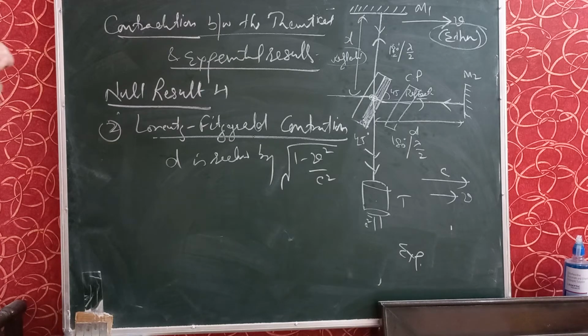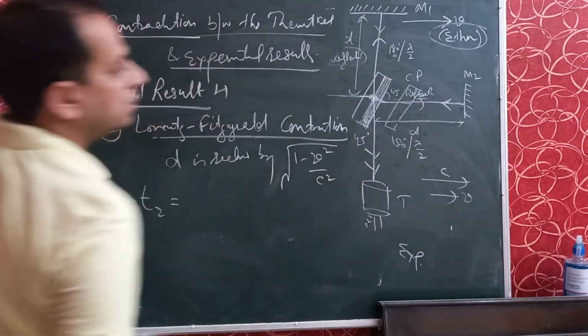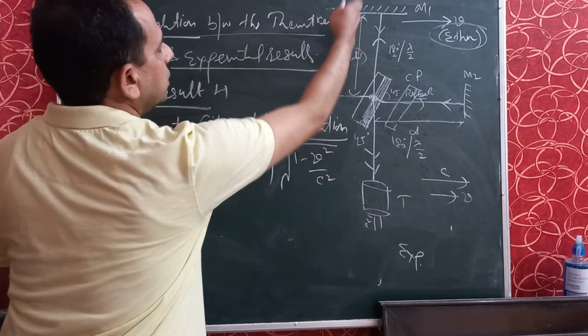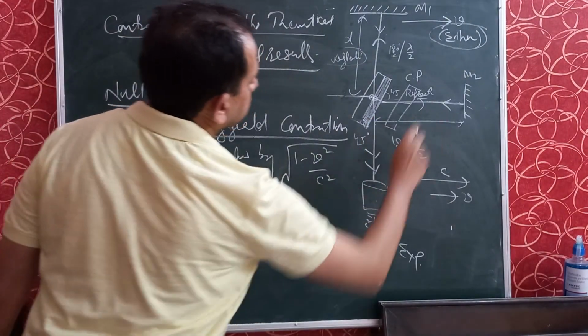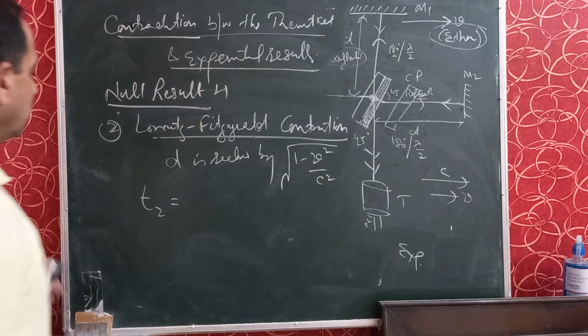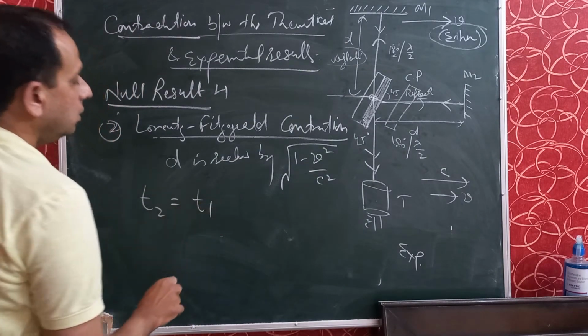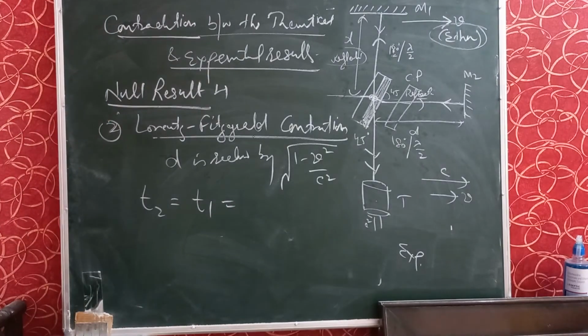So in this case, time t2 will change. T1 remains same because there is no change in distance or contraction. This contraction observed is only along the direction of ether. So T2 also becomes T1, means the values for both T1 and T2 become same.